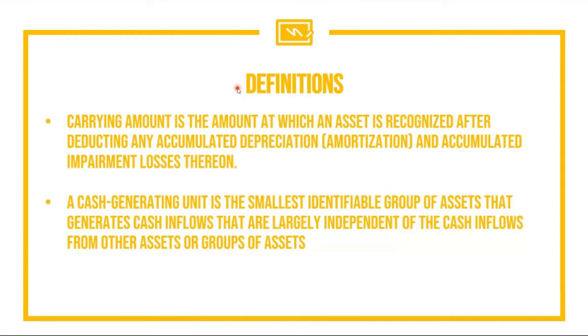So the first item to be defined will be carrying amount. The carrying amount is again the amount that is reflected in our financial statements as recognized after we deduct your depreciation or amortization and any impairment losses. A cash generating unit is defined as the smallest identifiable group of assets that generate independent cash flows.